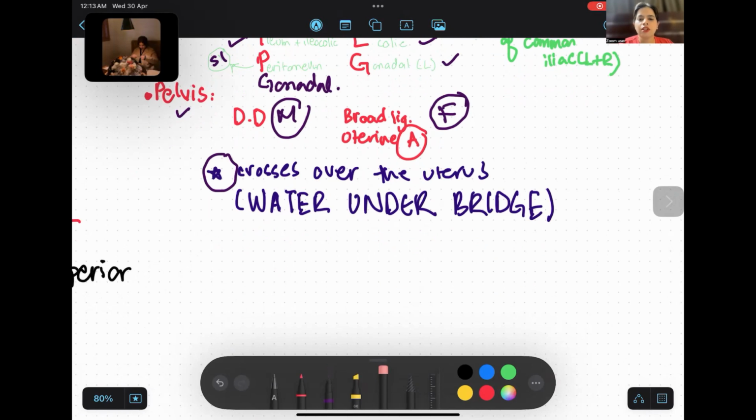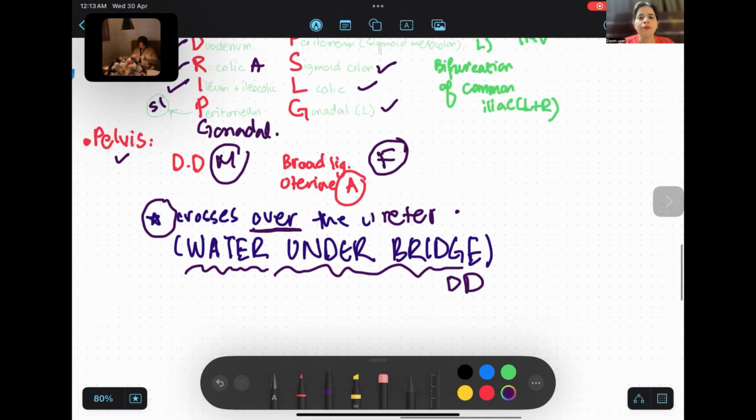Sorry, I have written uterus, ureter. The ductus deferens crosses over the ureter. The uterine artery crosses over the ureter. Hence the mnemonic that water, that is urine in the ureter, is under the bridge. The bridge here, it could be ductus deferens.